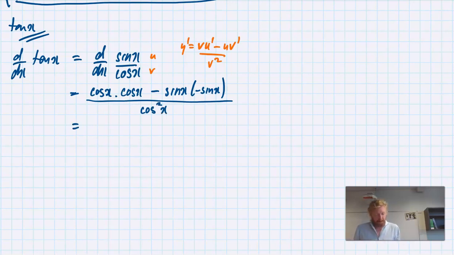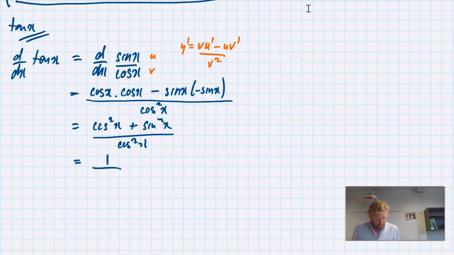Now cos x times cos x is cos squared x, minus times a minus is a plus, plus sine squared x divided by cos squared x. Cos squared x plus sine squared x is 1 on cos squared x, which equals, 1 on cos is sec, squared x.